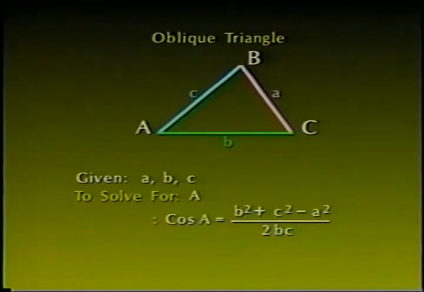In this case, no angles are given, but all three sides are. The equation to solve for angle A is cosine A equals quantity B squared plus C squared minus A squared over 2BC.